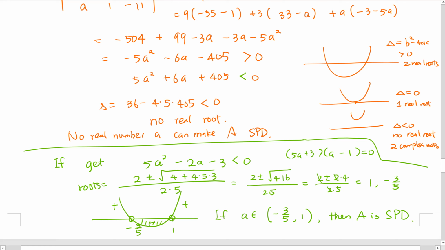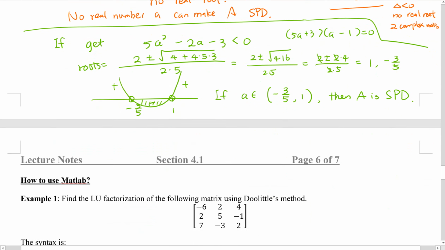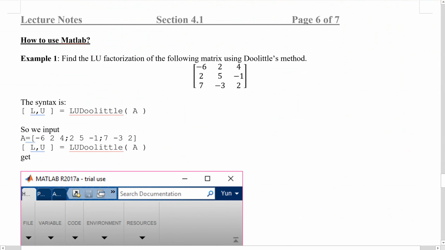In that case, we have a complete square. Then we just say if a equals that number, then our matrix A is symmetric positive definite. Okay, so that is about SPD and SDD, symmetric positive definite and strictly diagonally dominant.